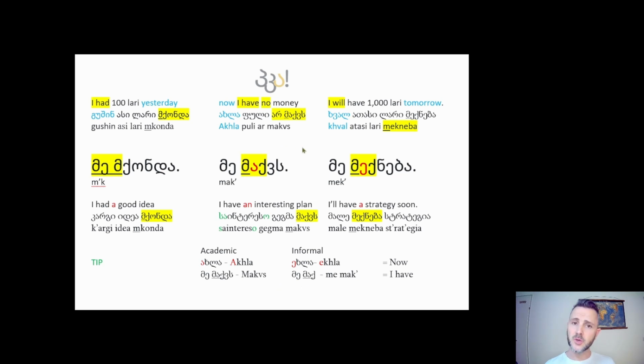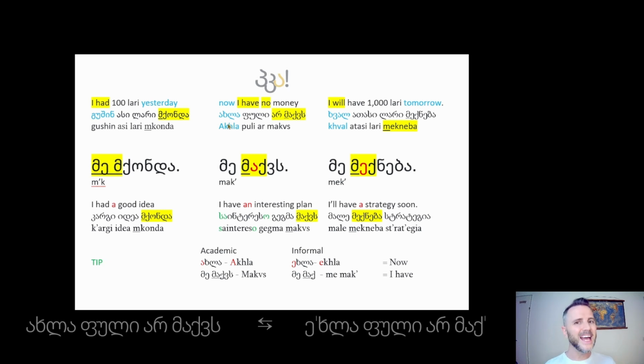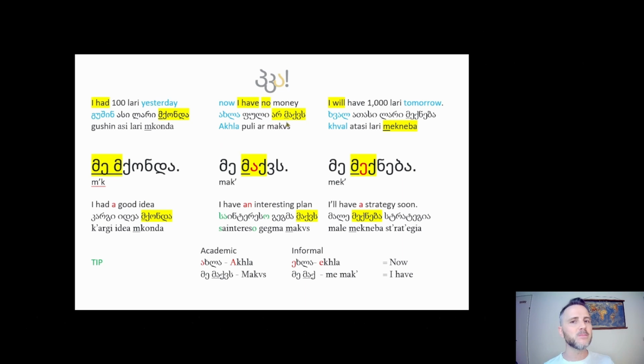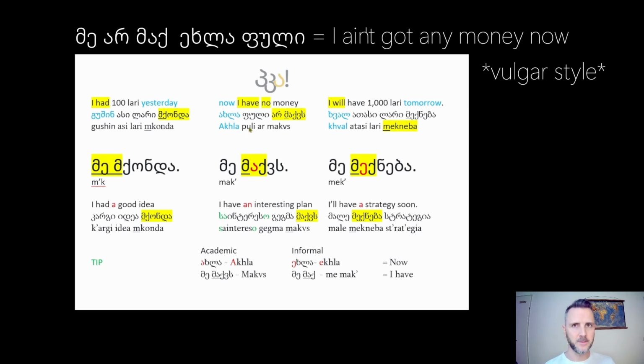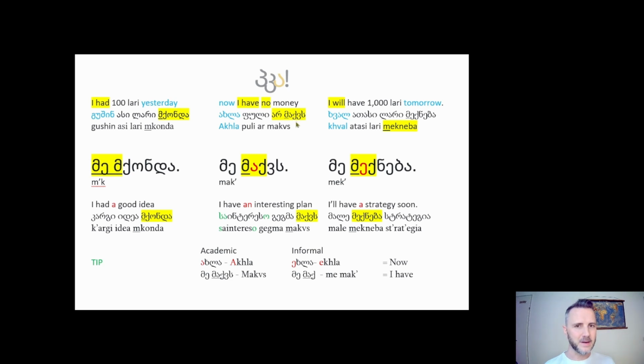So, for a Georgian in an academic style, achla puli ar max sounds great. But maybe in the street, echla puli ar mak. Me ar mach echla puli. This achla echla, mak mach transformation happens all the time. So just be aware of it.